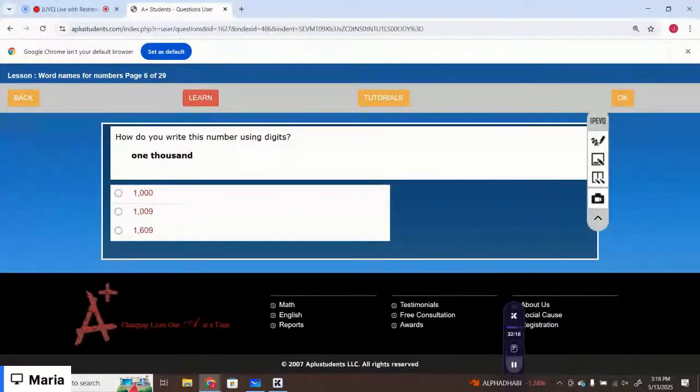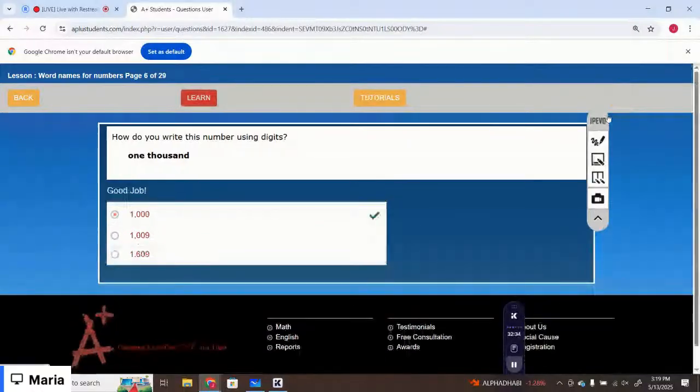How do you write this number using digits? 1,000. So which is the correct option? Option number 1 is the correct option. That is 1,000.